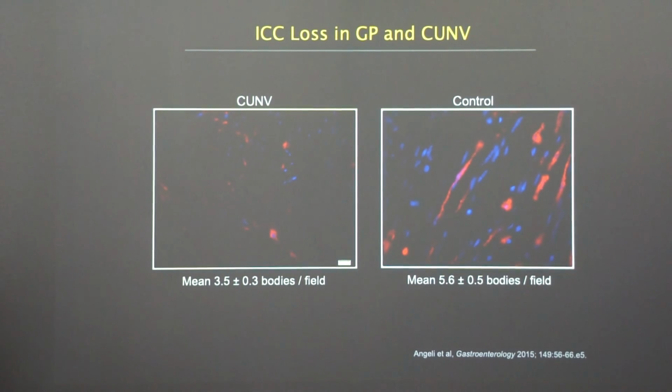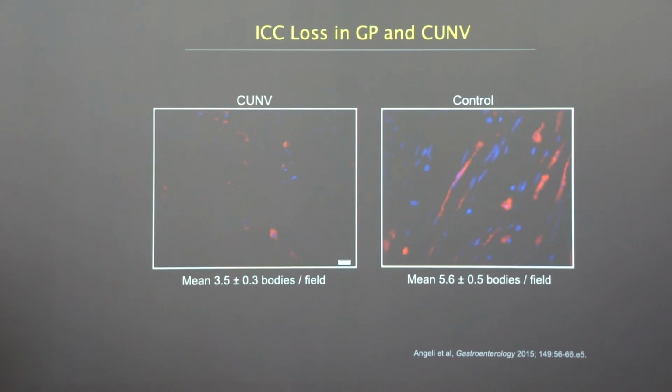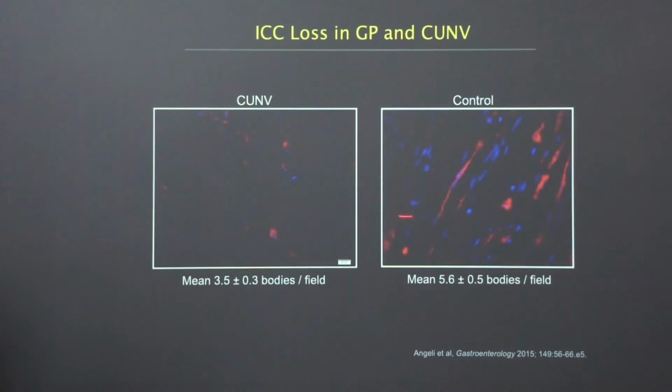Now, we also added in cellular analysis to both cohorts, the gastroparetic patients and the chronic nausea and vomiting patients. You can see here an example of the stained ICC networks in a chronic nausea and vomiting patient on the left and a control patient on the right. In these images, the red are ICC cells and the blue are all of the cellular nuclei.